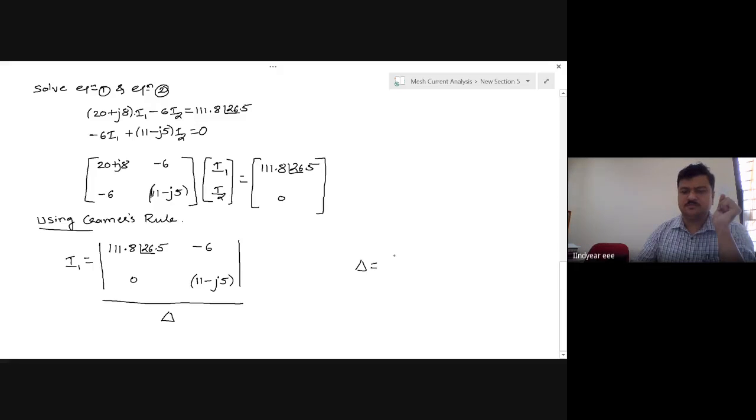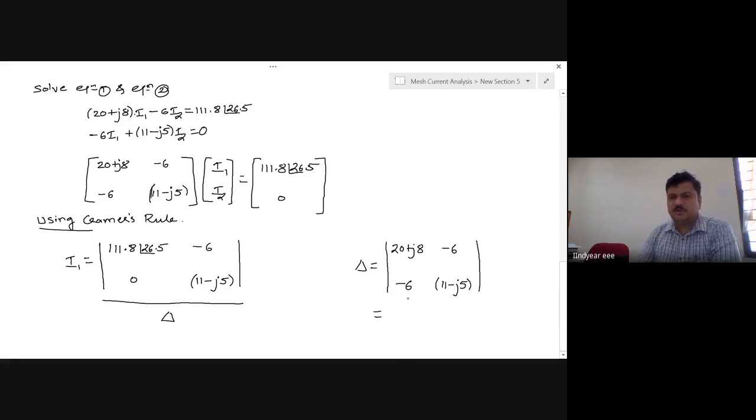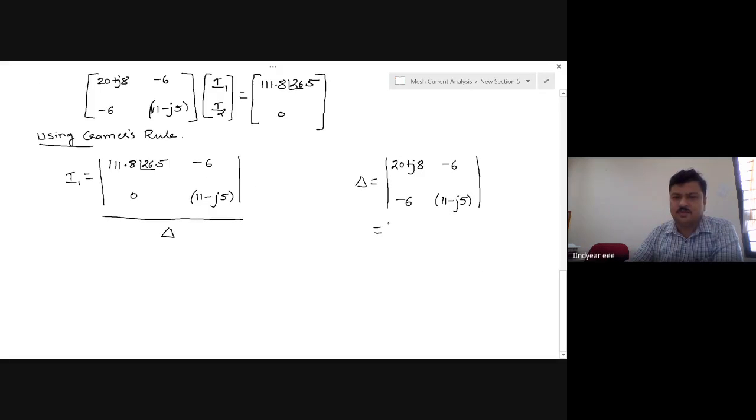Delta is the determinant of the coefficient matrix. The determinant is the principal diagonal elements product minus the subordinate diagonal elements product: (20 plus J8) into (11 minus J5) minus 6 into minus 6.